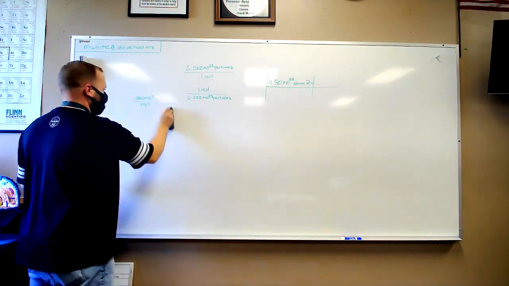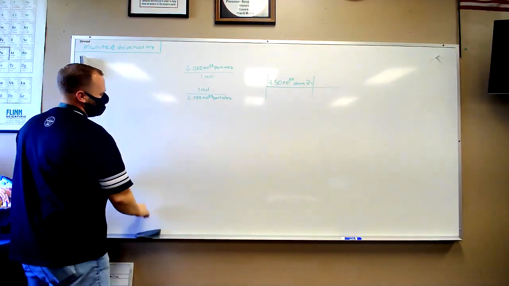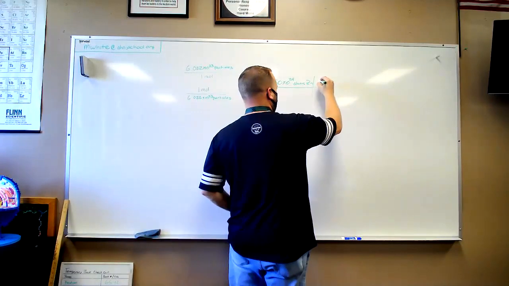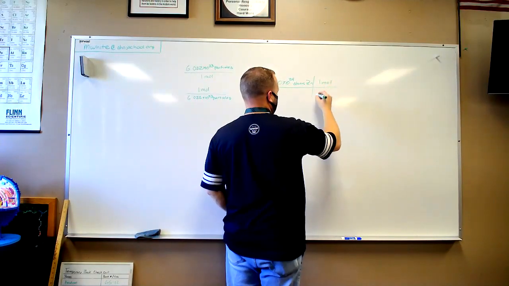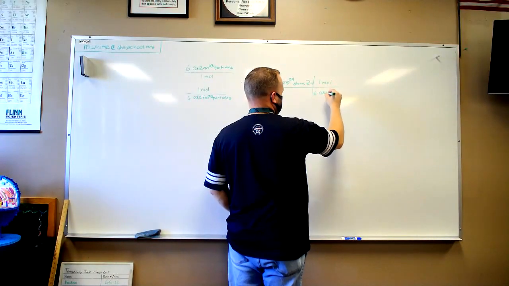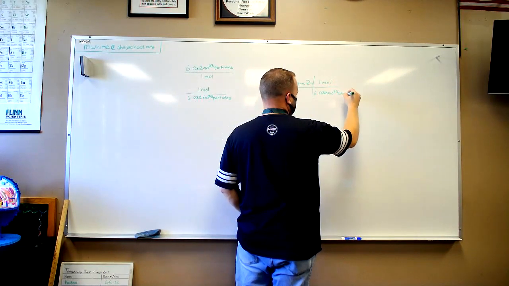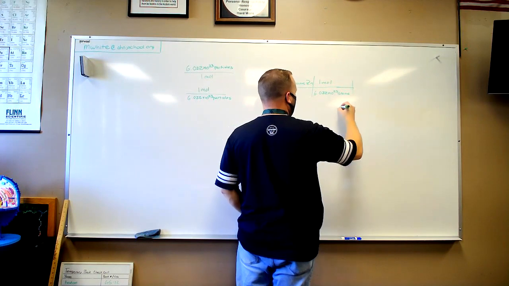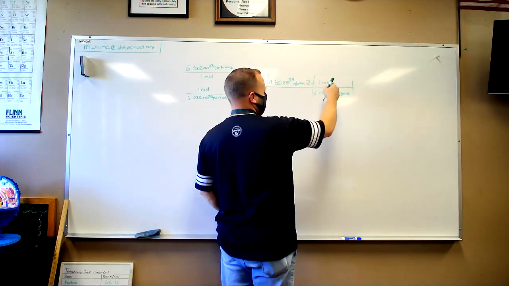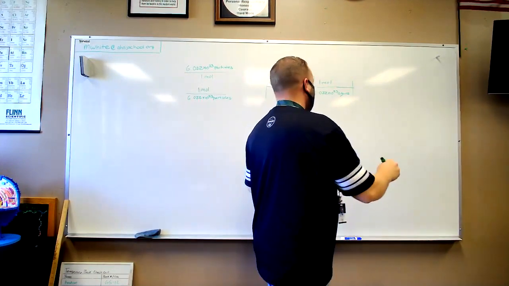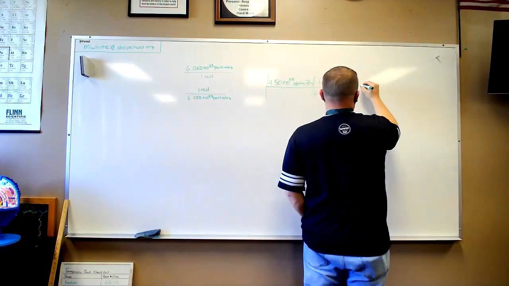But if we use this one, and say that there's 1 mole for every 6.022 times 10 to the 23rd atoms, okay? Now our atoms cancel out, and we're left with moles of zinc, which is what we want. Multiply across.